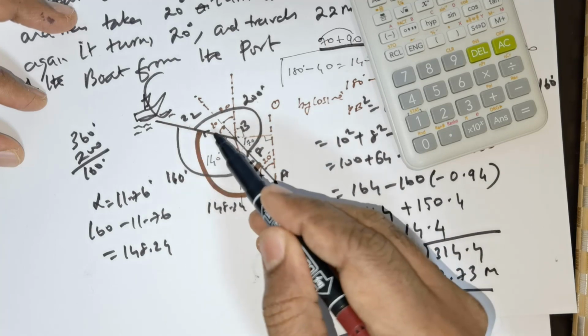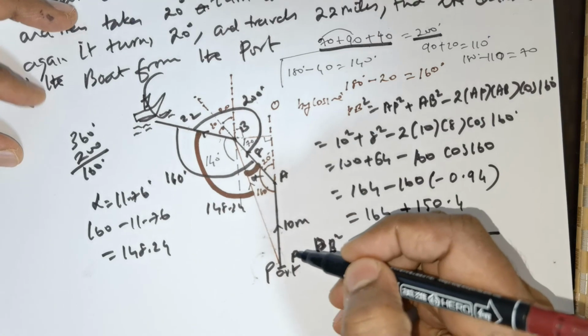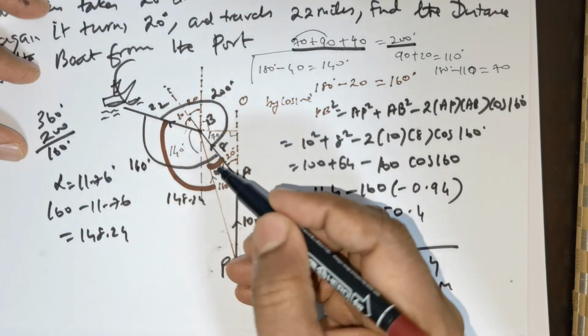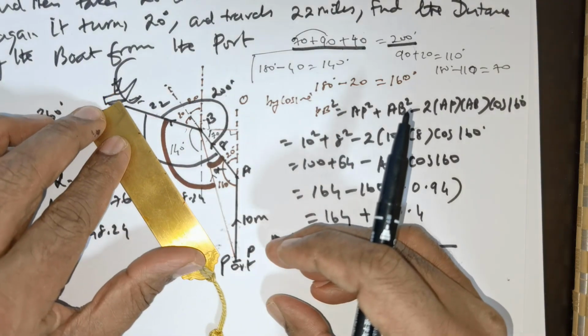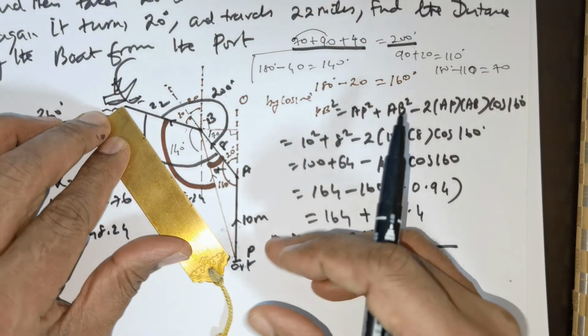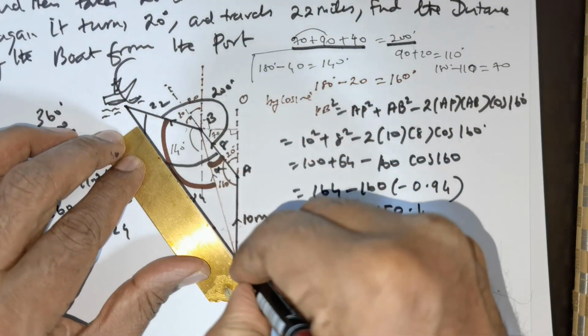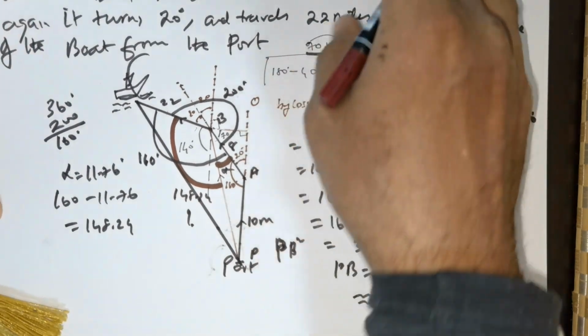So I know this distance 22 miles, and I know this entire length 17.73 miles, and I know the angle between these two. So now I can get the distance of the boat from the port. This distance can easily be got. This is the objective of this question.